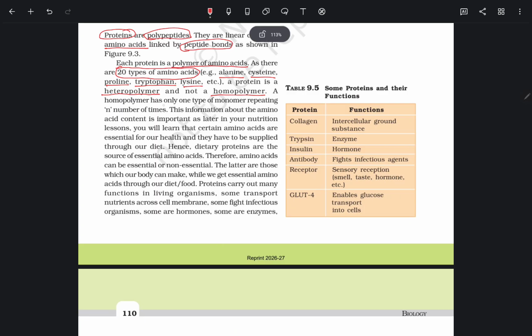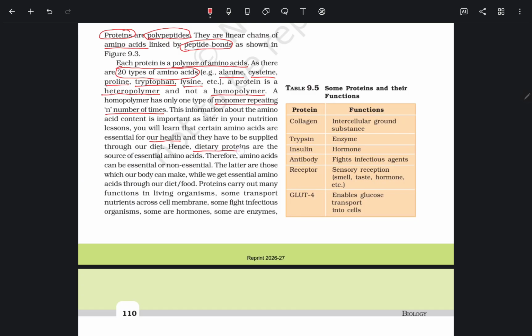A homopolymer has only one type of monomer repeating n number of times. This information about the amino acid content is important, as later in your nutrition lessons you will learn that certain amino acids are essential for our health and have to be supplied through our diet.